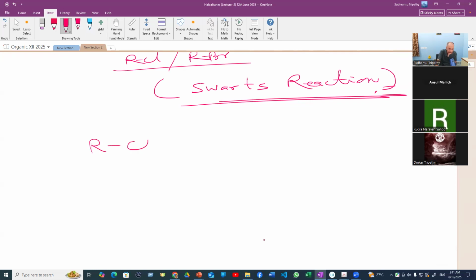So take alkyl chloride or alkyl bromide with silver fluoride or other ionic fluorides, and there will be a displacement SN reaction. Since AgF is soluble, but AgCl, AgBr, AgI are sparingly soluble, you get a precipitate. This is the Swarts reaction. Same thing will happen with RBr.